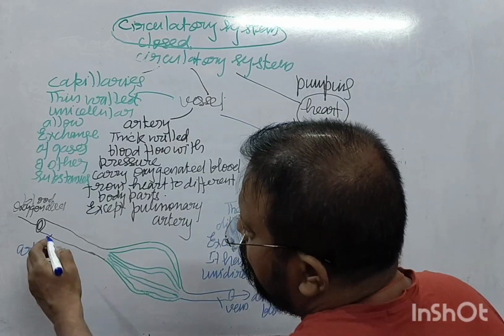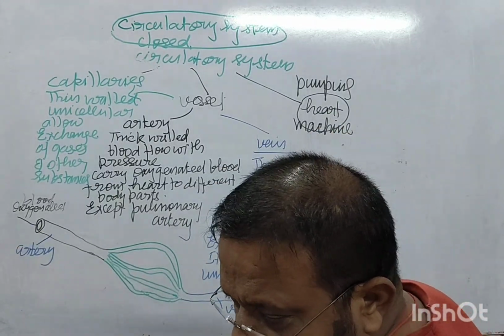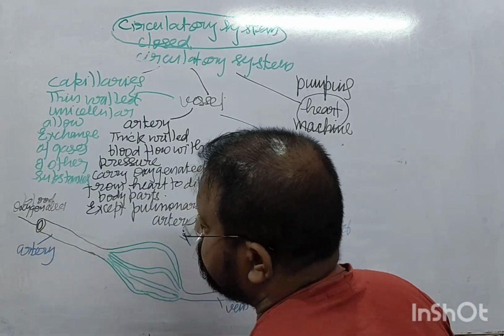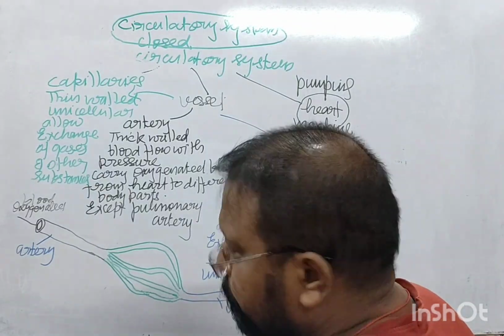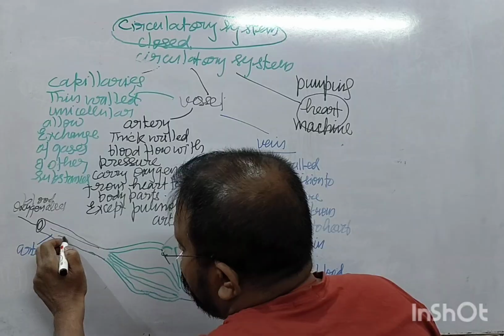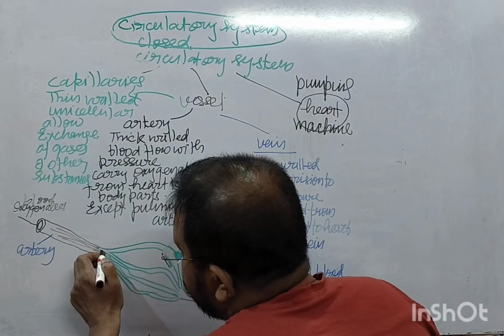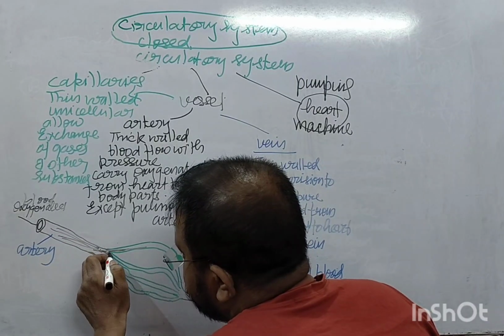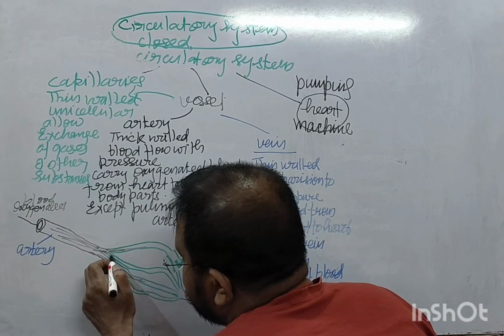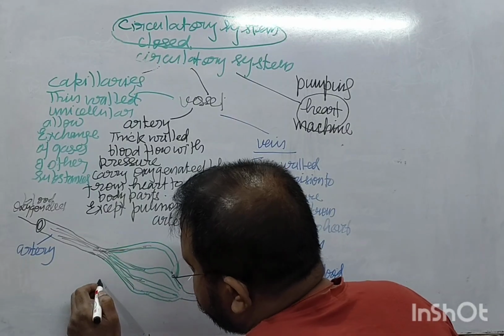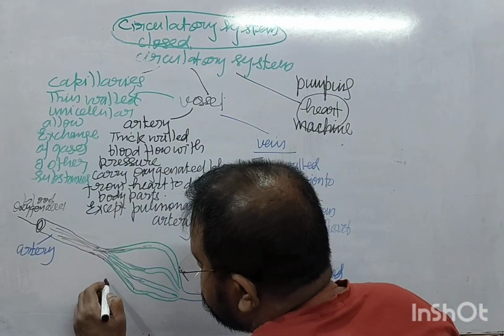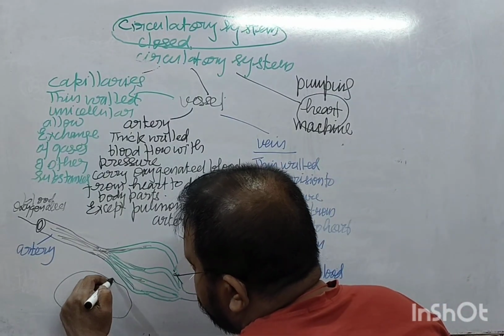What happens here? The oxygenated blood, the oxygen which was coming, when it reaches here, then what happens? Suppose this is a cell close to it.